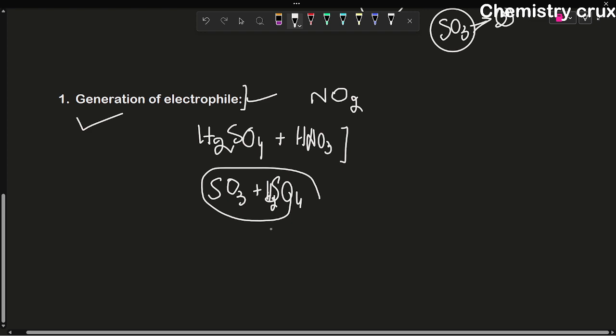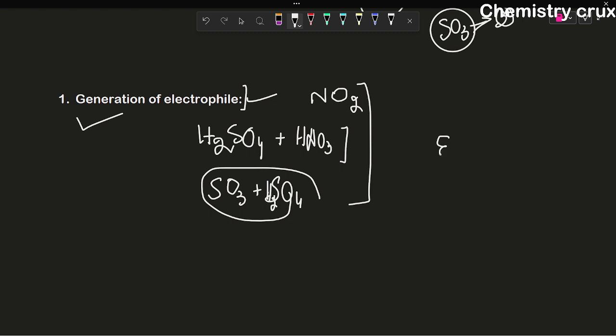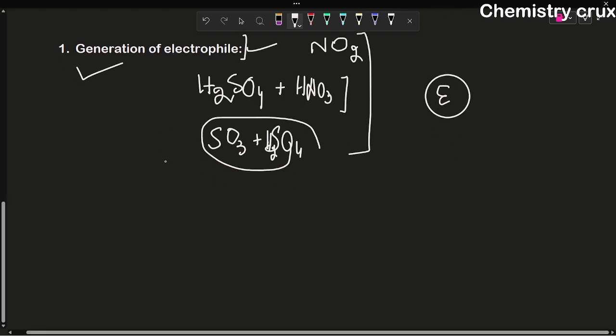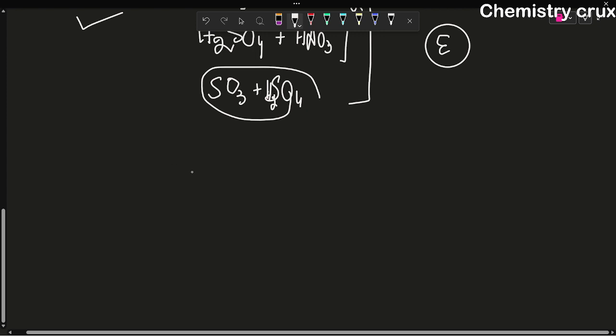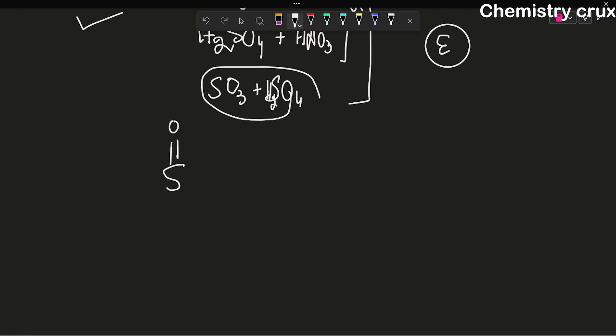In this step, what simply happens is that we get some electrophile as a result, fine. And that step you will have to work out according to the reaction that you are going through, right? For example, if I take sulfonation of benzene, I will be taking SO3 plus H2SO4.